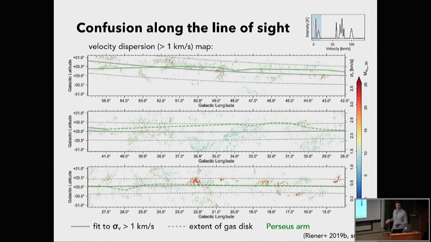And also if I plot here the inferred positions of the Perseus and outer arm. So we really think our fit components could be useful as a prior to disentangle this confusion. And moreover, we think that especially in this velocity regime, if we measure high velocity dispersion values, those are mostly not due to high non-thermal motions of close by regions, but rather due to beam averaging effects.